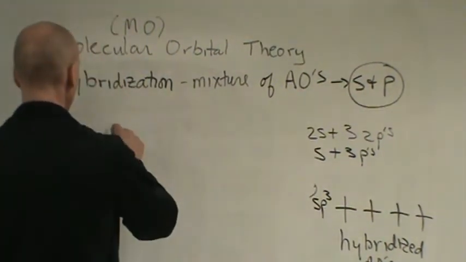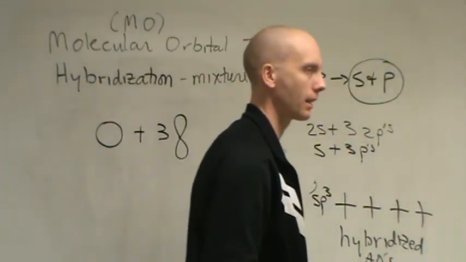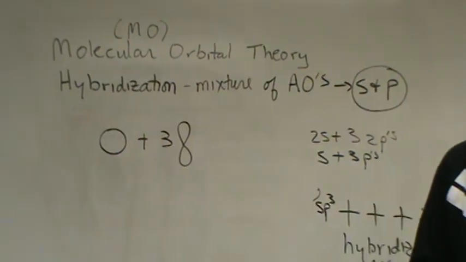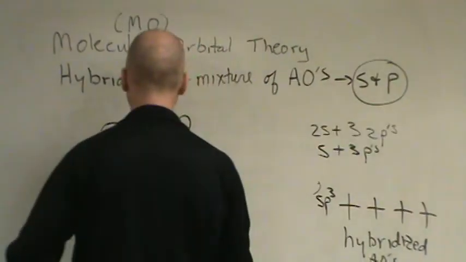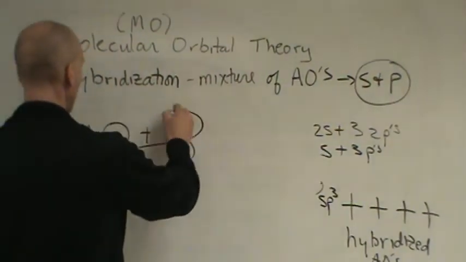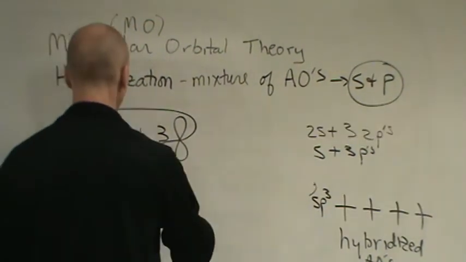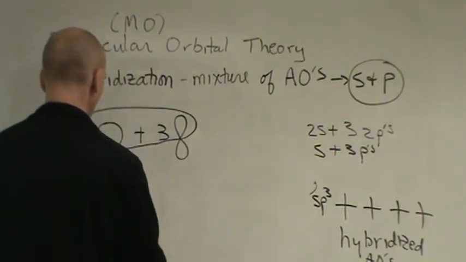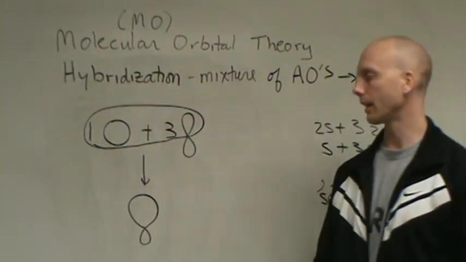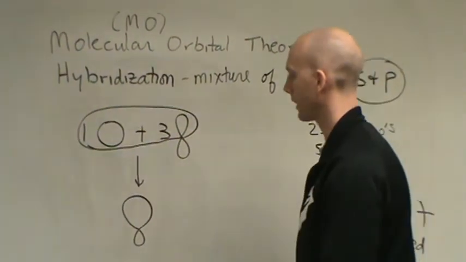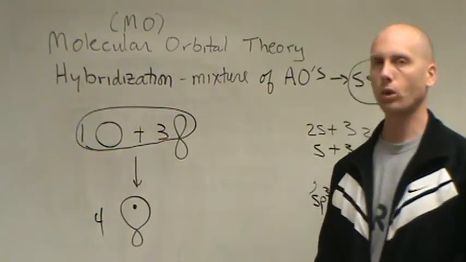So what I have mixed is 1 s and 3 of these p's. So what will that look like shape-wise? Well, I can envision this 1 s mixing with 1 lobe of the p. And so I get a fat end on one side and a skinny end on the other side. And end up getting 4 of these.